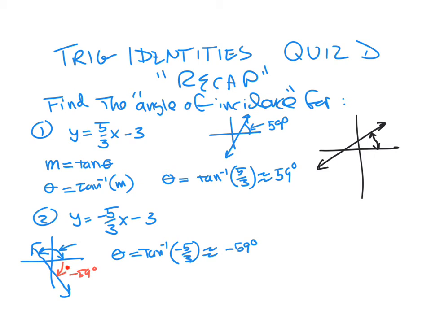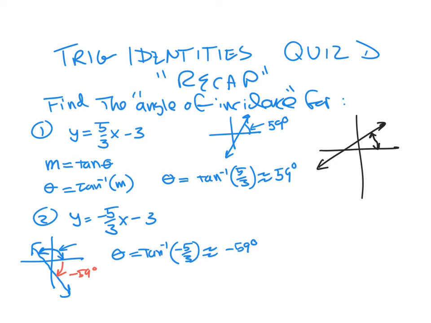So if you know that this is 59 degrees, what would this be? Well, these two angles add up to 180 degrees. So our actual angle of incidence is going to be 180 minus 59.